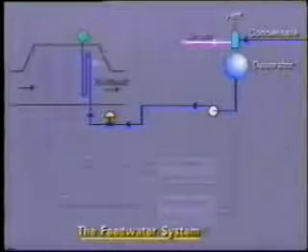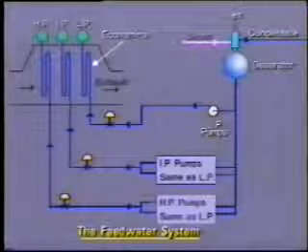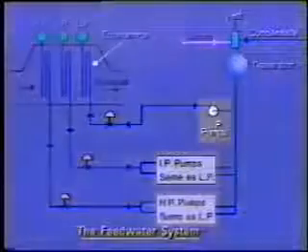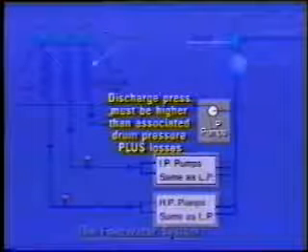For a multi-pressure HRSG, there will be feed pumps operating at different pressures, typically LP, IP, and HP. In each case, the feed pump discharge pressure at full flow must be higher than the associated drum pressure plus system losses.